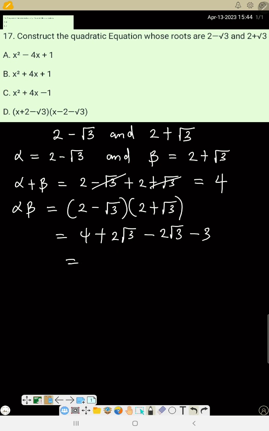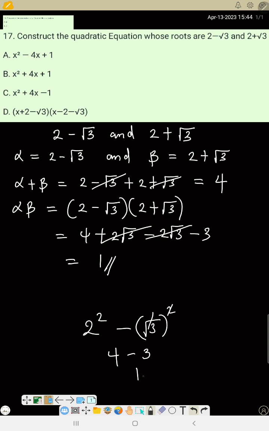So 2 root 3 cancels 2 root 3, then 4 minus 3 is 1. Either one is allowed. So now we know alpha plus beta and we know alpha beta.